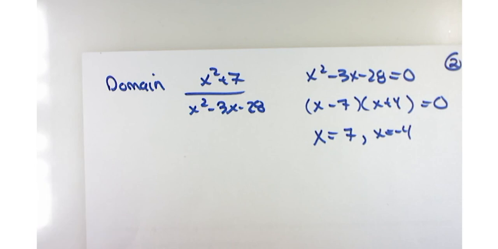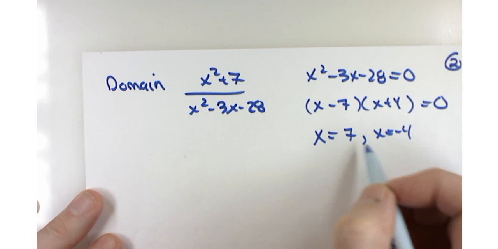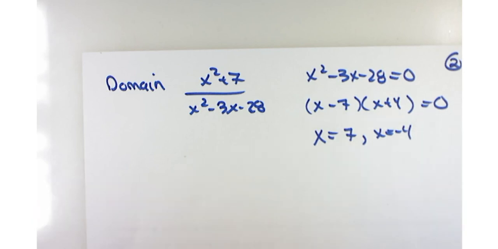Now here's the tricky part. We don't want these as part of our domain. You could just say x is not equal to 7, x is not equal to -4. That's one way to write it, but WebAssign is going to want it written as an interval.